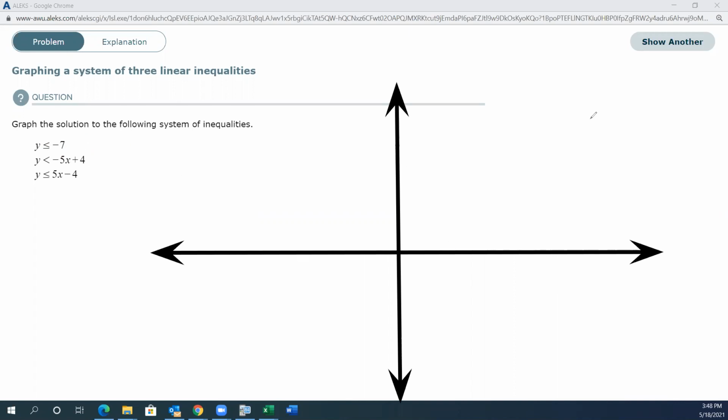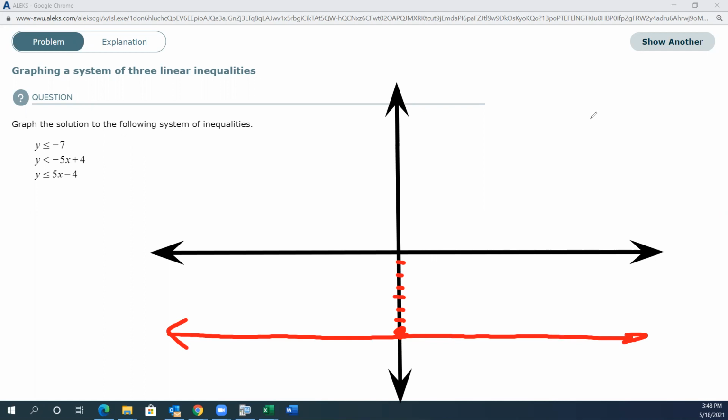Okay, so we're going to go to -1, 2, 3, 4, 5, 6, 7. Hope I don't need to go any lower. Okay, so that's where the y-intercept is, and the slope is 0, so it's just a horizontal line like that. Okay, and it's solid because it has the or equal.